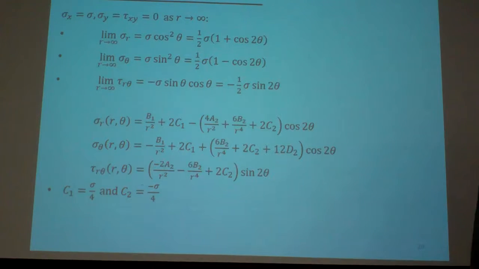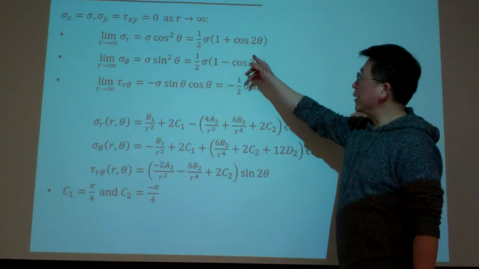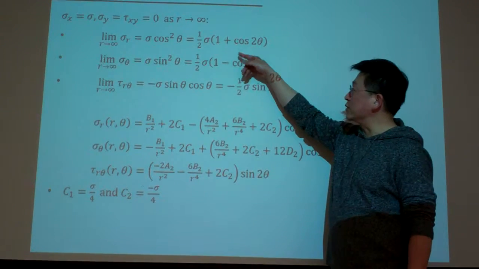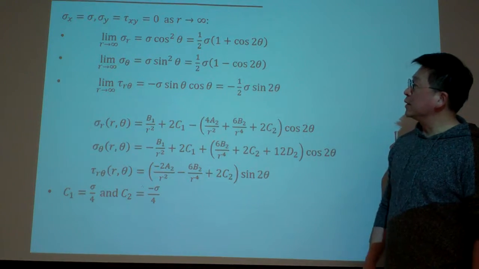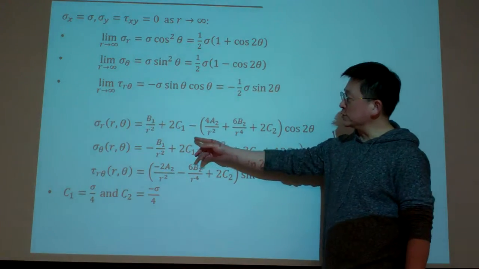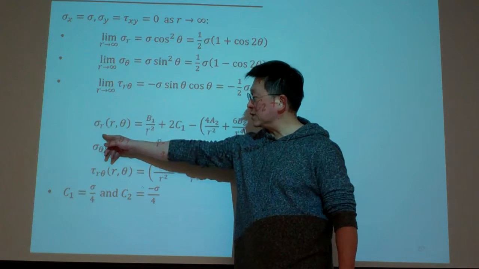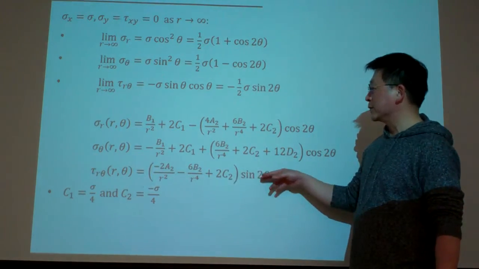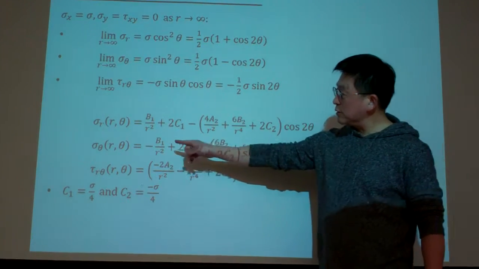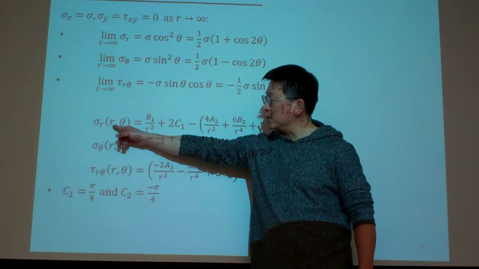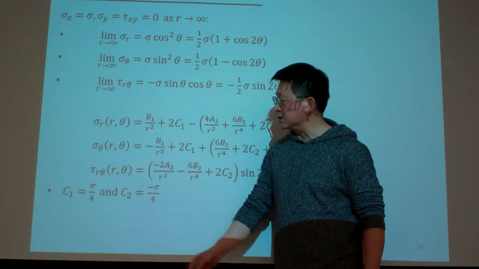Assuming everything is right there, for our boundary conditions at the remote site, we convert into r and theta. From the previous expressions, I copy these stresses like this one. Then we take r approaching the limit, r to infinity.